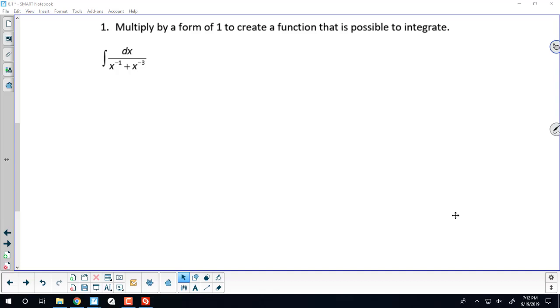And then you just pull out one and multiply it so that it's over X cubed plus 1. On the bottom, that'd be X squared.